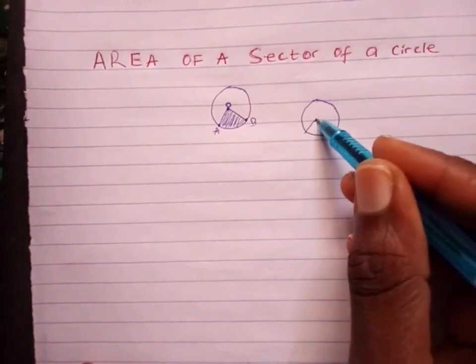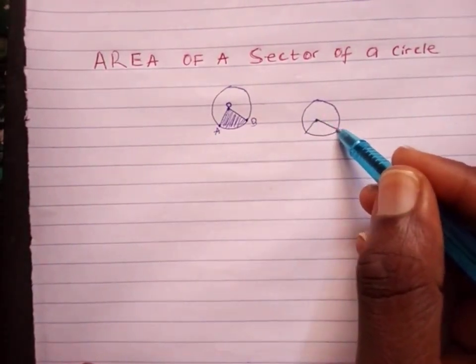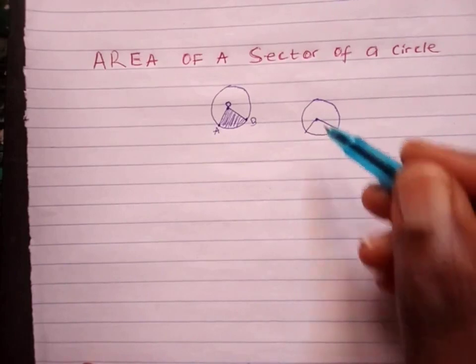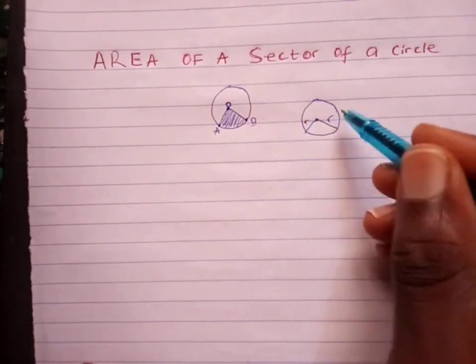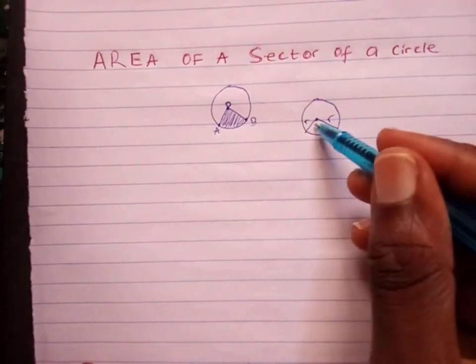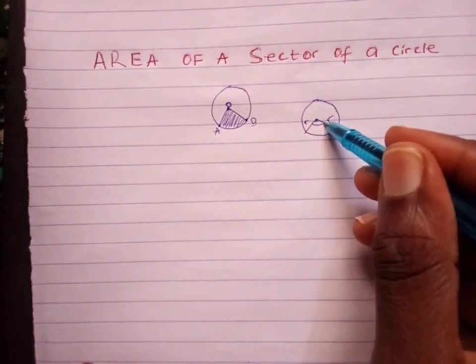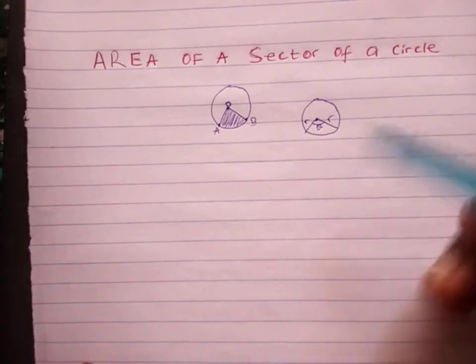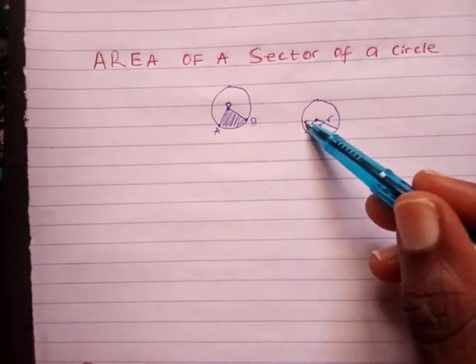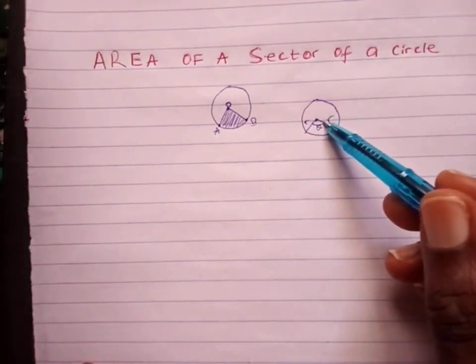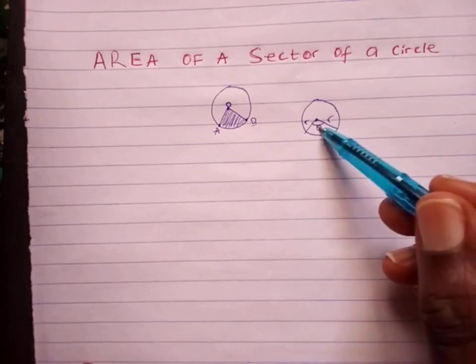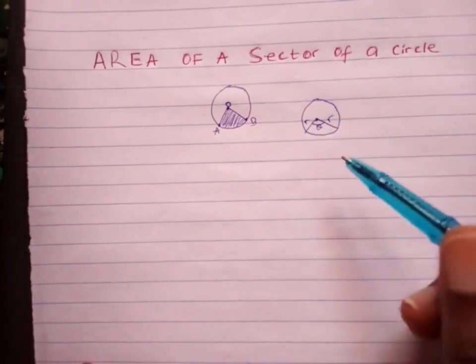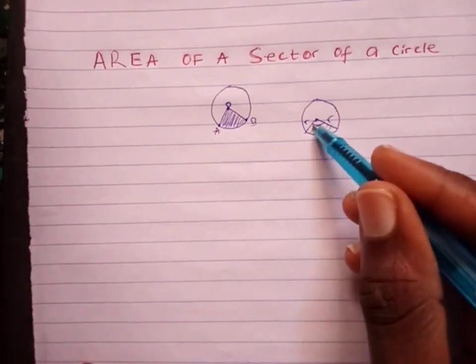Of course, we say that a sector is bounded by two radii and an arc. Now this is our radius, this is our radius. An angle is obtained at this very point. We can call this angle theta. So once the radius is known and the angle subtended at the center is also known, we can easily calculate the area of this very sector.